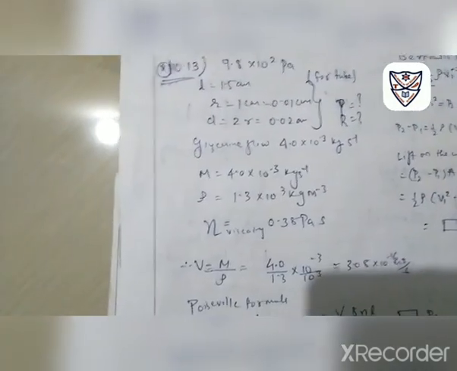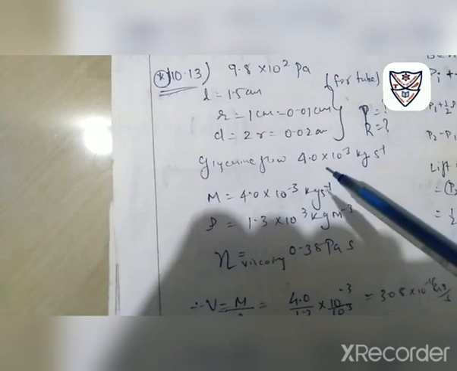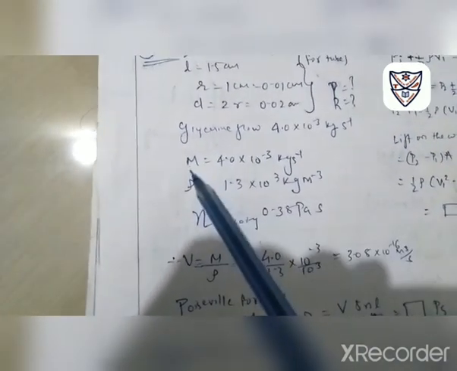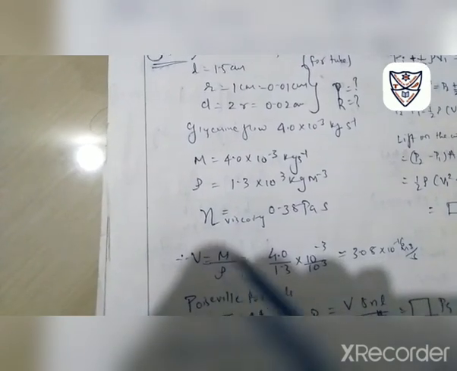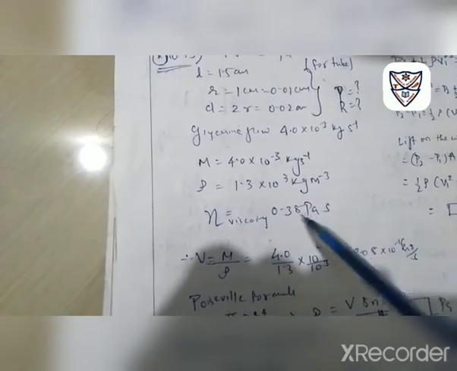Here the glycerin flow is given to you as 4 into 10 raised to 3 meter per second square. M is given to you and density is also. The viscosity is also given in the question.